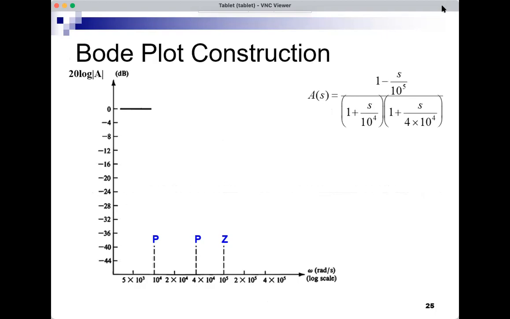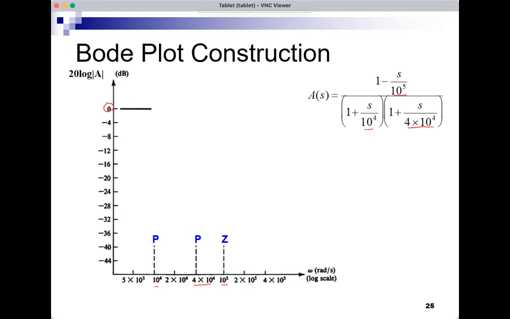So I have 10 to the 4, which is here, and that's a pole, it's a P. I have 4 times 10 to the 4, and this is here, and it's a P, it's a pole. And I have 10 to the 5, absolute value of minus 10 to the 5 is 10 to the 5, and it's a 0, and I mark it with a Z. So I have P at 10 to the 4, P at 4 times 10 to the 4, and Z at 10 to the 5.